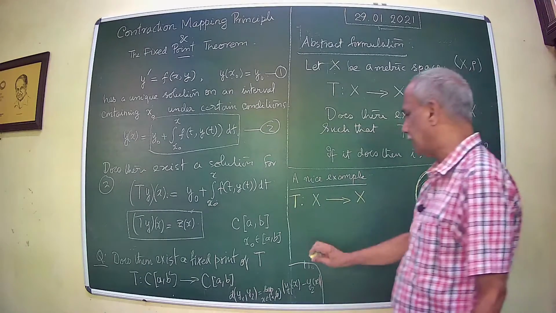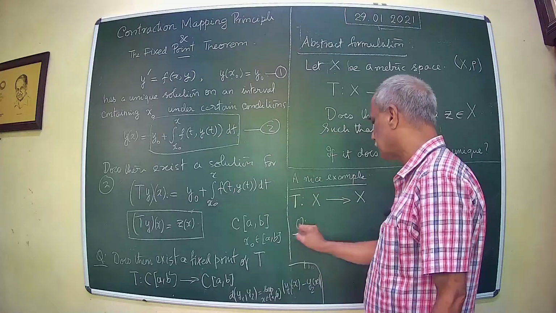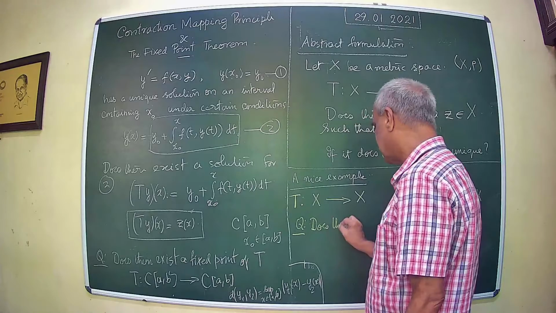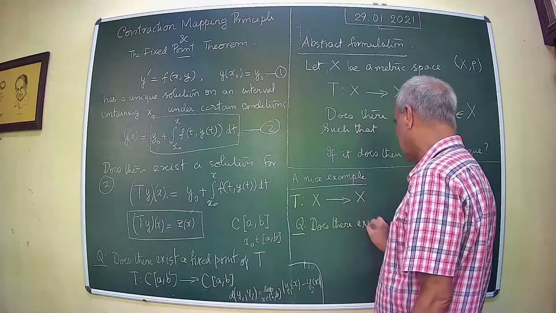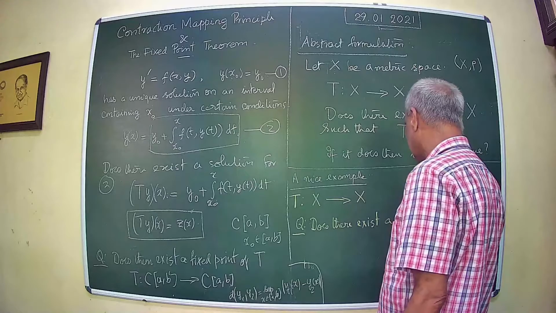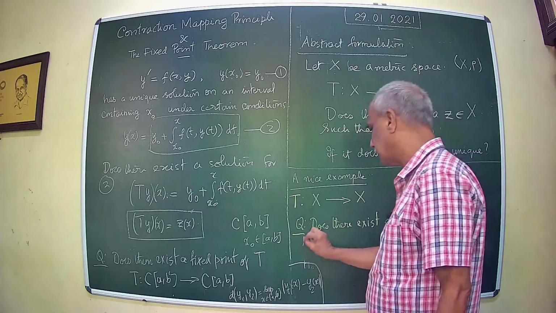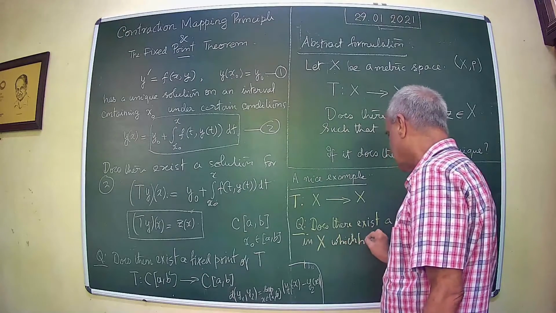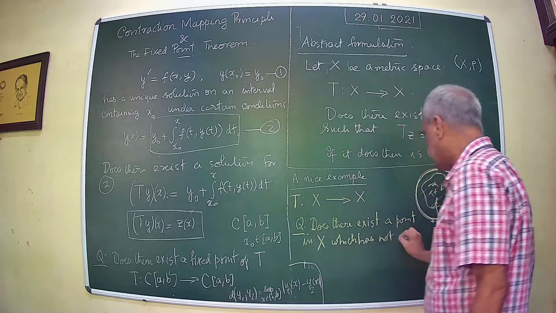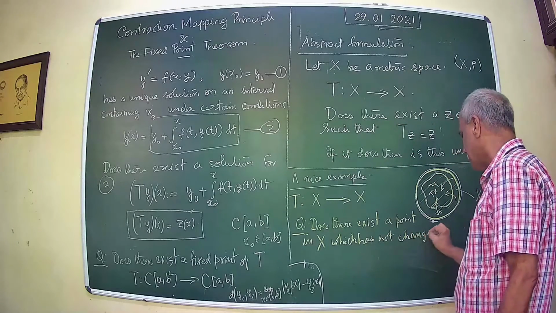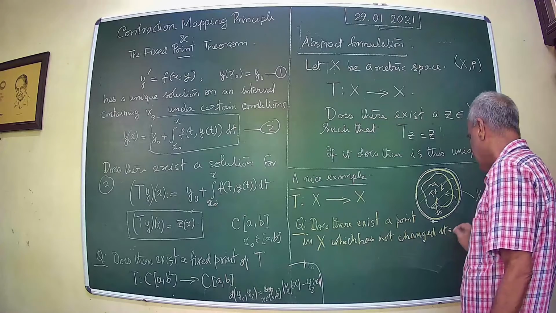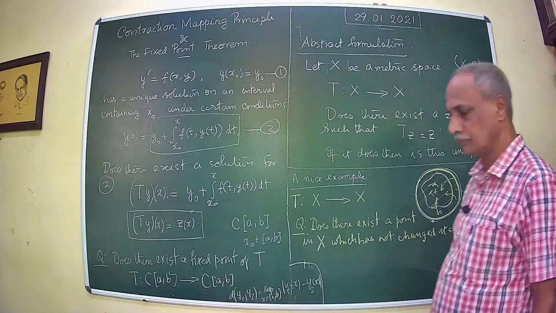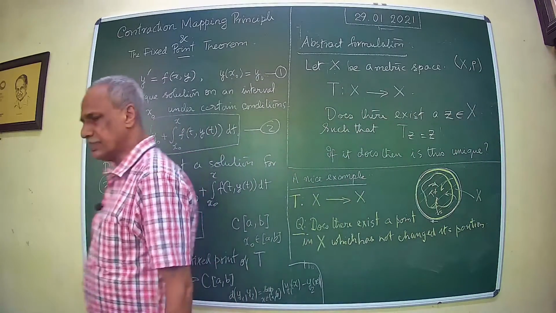Now the question that you ask is, it's not at all clear here: does there exist a point in X which has not changed its position? In this abstract problem, it is clear.